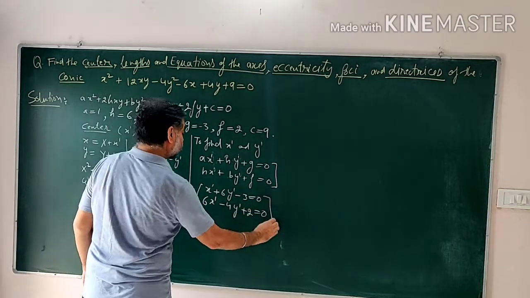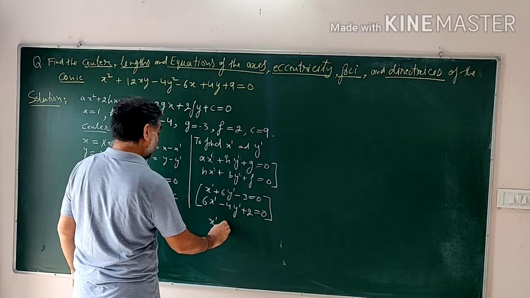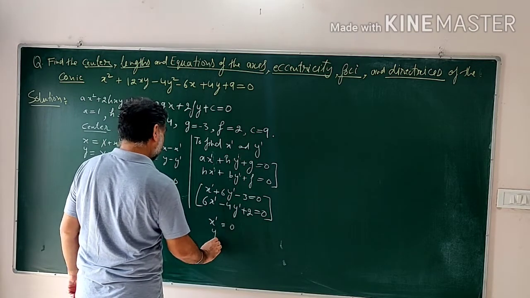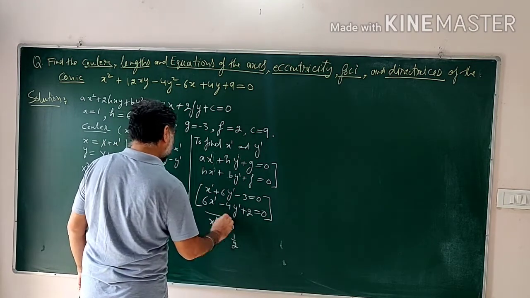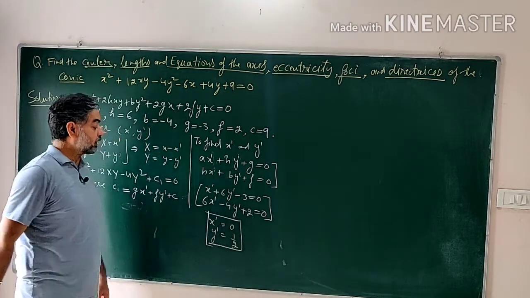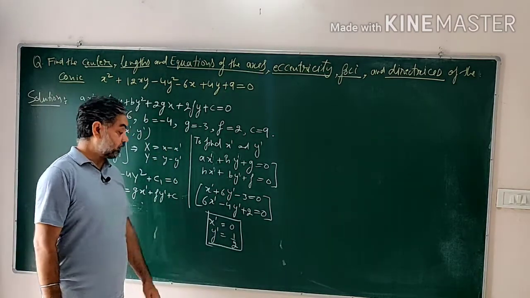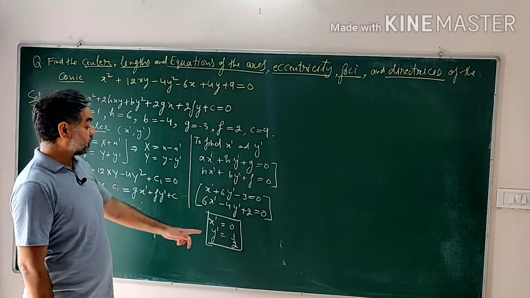So solving these two equations together, we will get x dash is equal to 0 and y dash is equal to 1 by 2. So this you can do yourself. So x dash would come out to be 0 and y dash would come out to be 1 by 2.